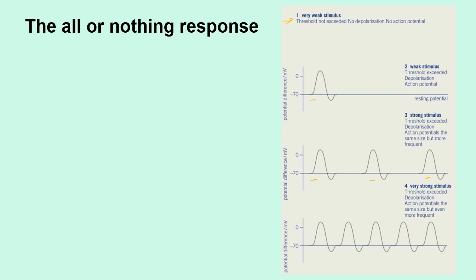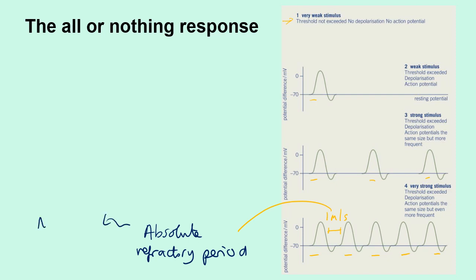If it's a very strong stimulus, you get action potentials very close together, separated by 1 millisecond, and that 1 millisecond corresponds to the absolute refractory period. And remember, in that period, we absolutely cannot get an action potential because the sodium channels can't open.